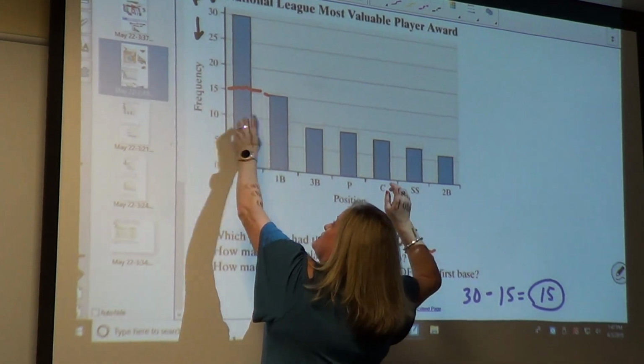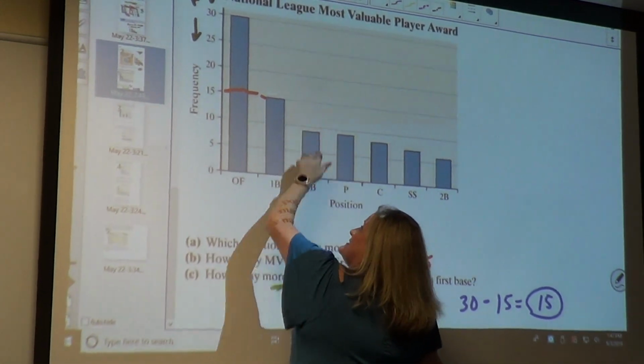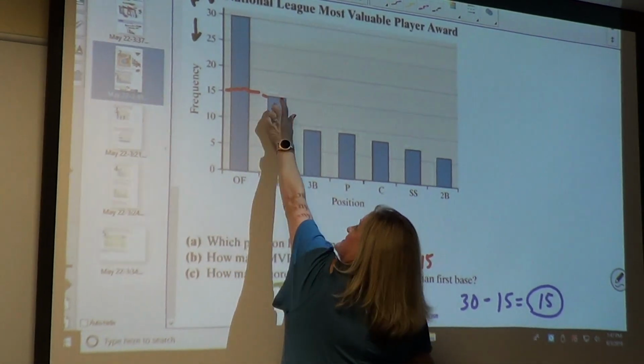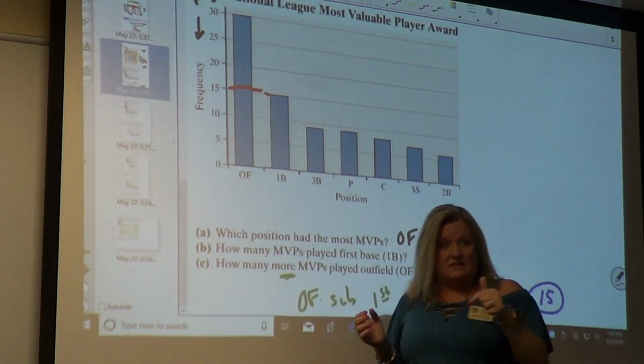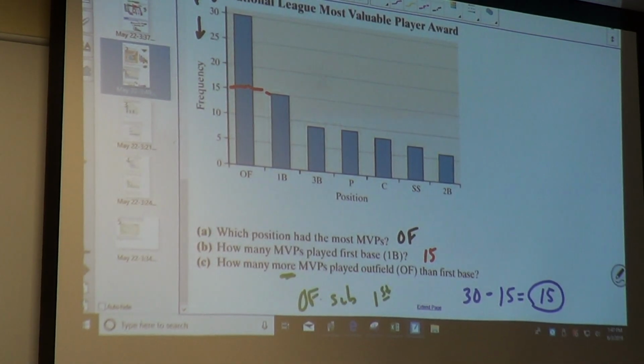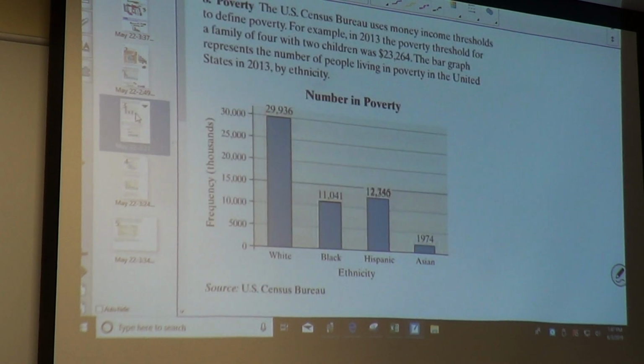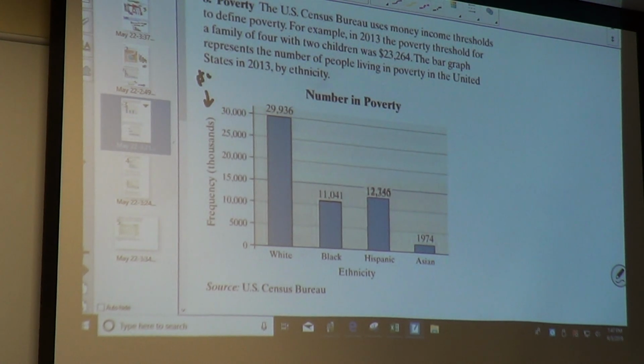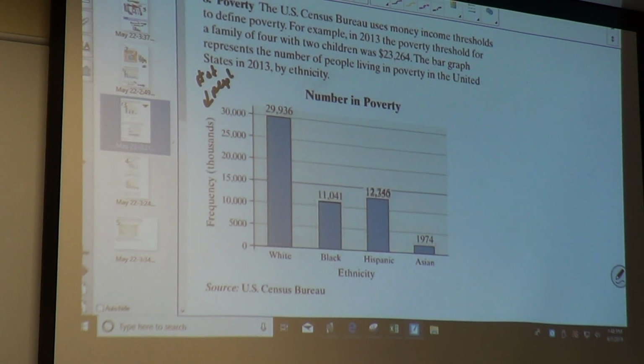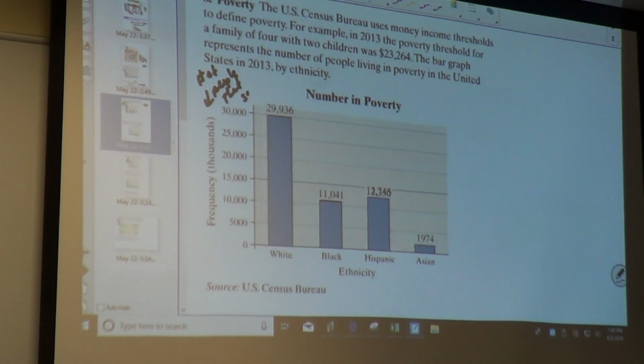So frequency just means this many people said it: 9 people said this, 15 people said this. This one is also frequency. So frequency is the number of people that said it.